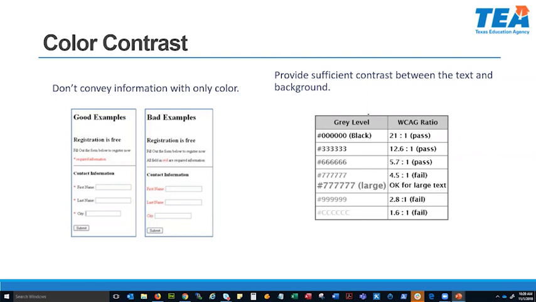It has just color for required fields. It just has red: first name, last name, city. Somebody who's colorblind might not even see that at all. So make sure you're putting something else, like an asterisk in the good example, something that recognizes that it's required and isn't just relying on color.